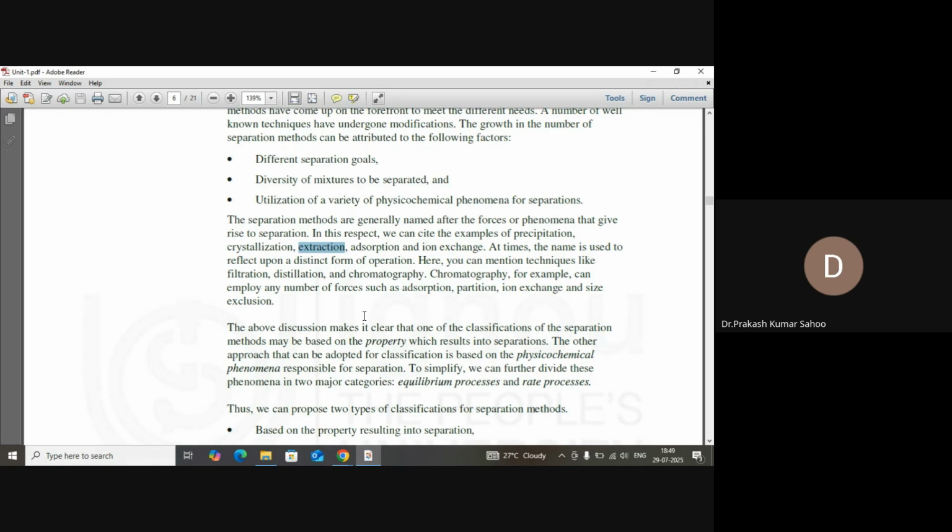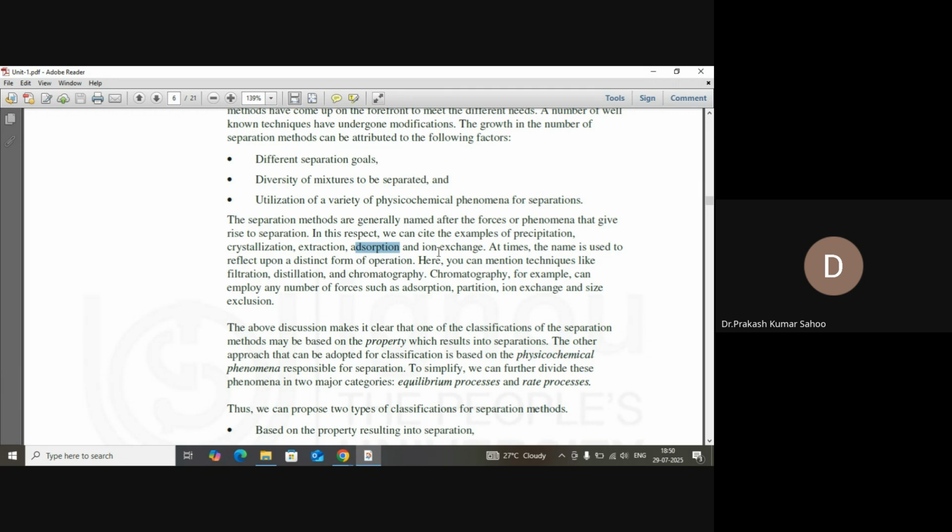The liquid substance having the higher density will be in the lower part, and the one having the lower density will be on top. Then the adsorption phenomenon, where different particles get adsorbed on the surface and separate according to their adsorption property.